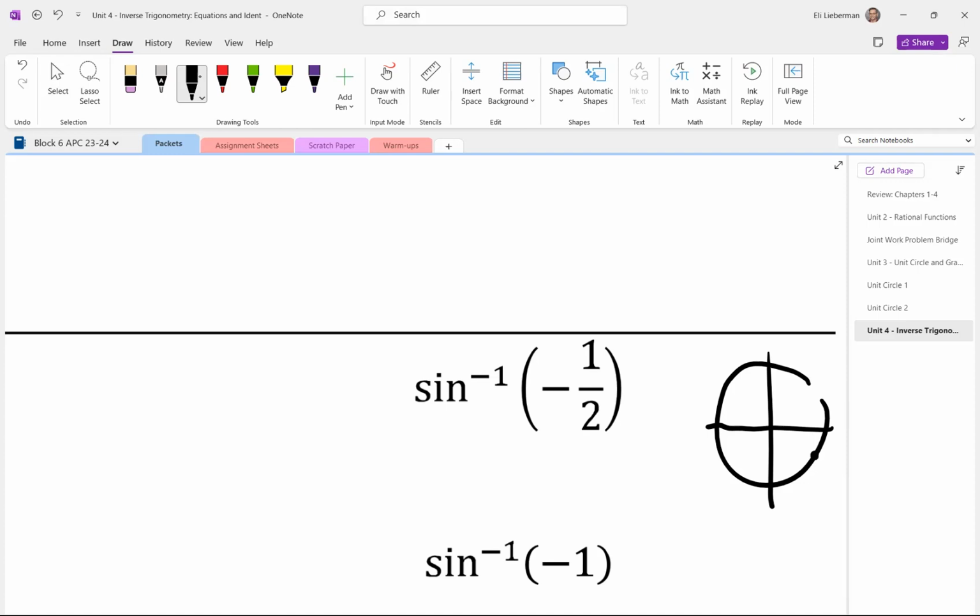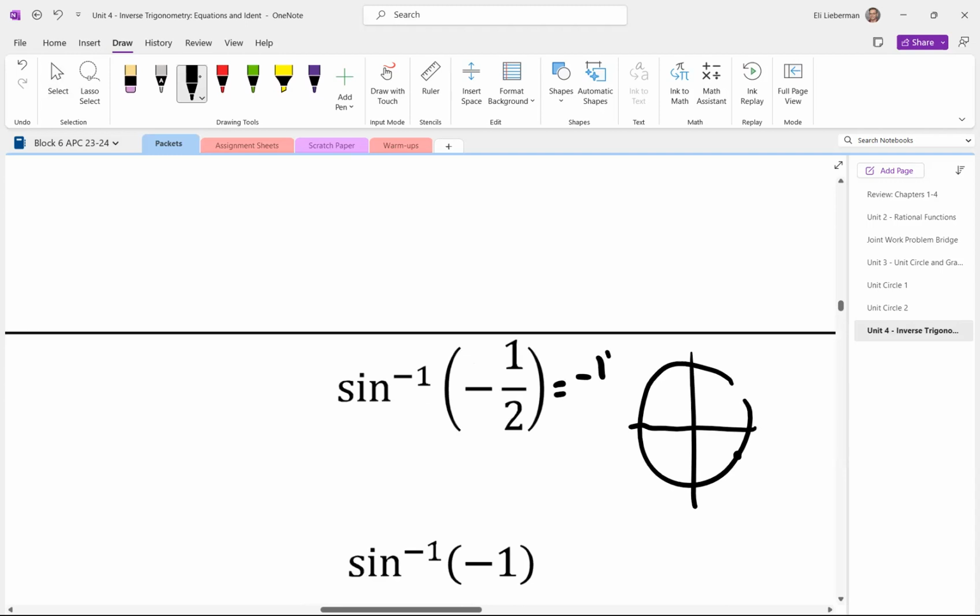To get that high, you'd have to go way past the second and third quadrants. It's the right angle, but the wrong angle. So this is -π/6. Do you think that might be a common error on the quiz? Extremely, because we're so used to it being π/6.